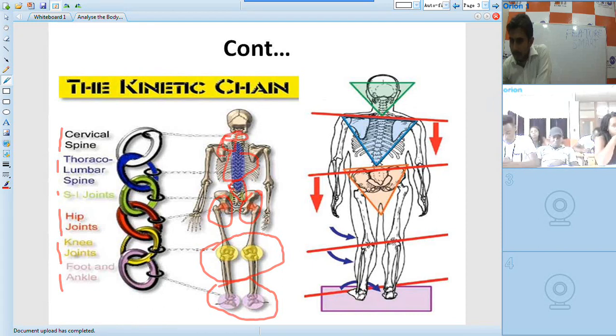The cervical spine joins our head to the body. This whole joint process of the body parts with one another is known as the kinetic chain, in which the whole body skeletal system has been shown.